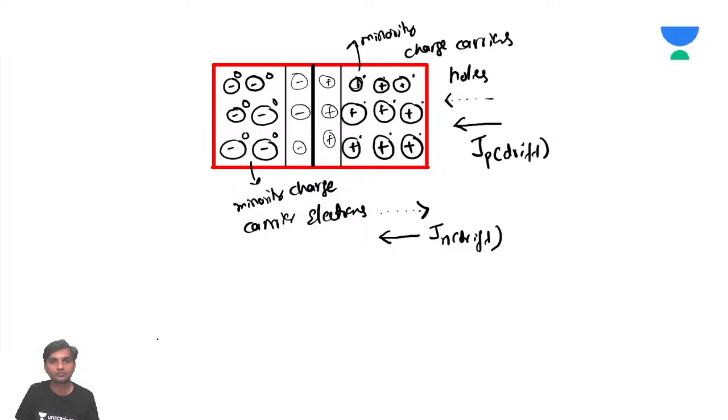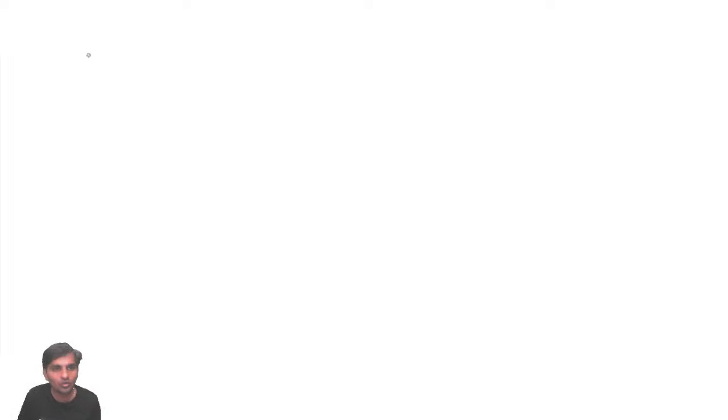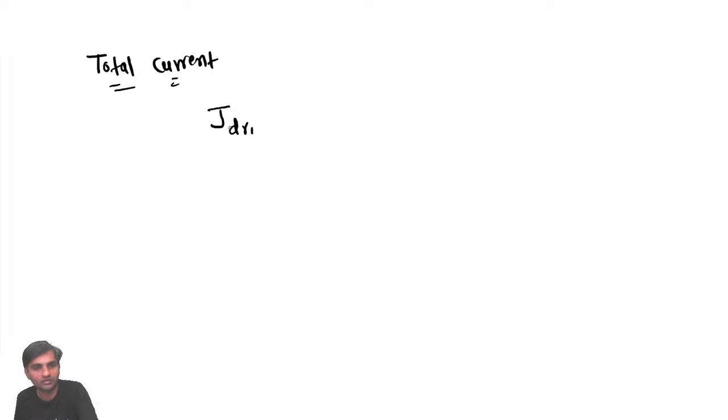So the total current is nothing but J diffusion plus J drift.